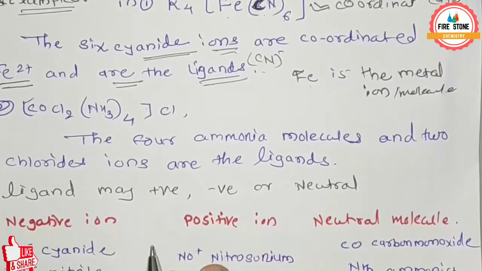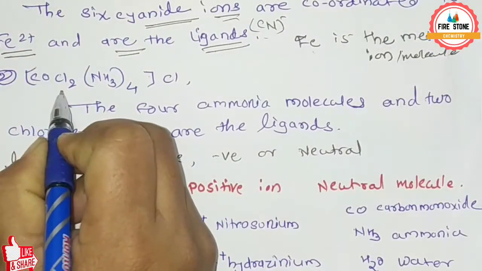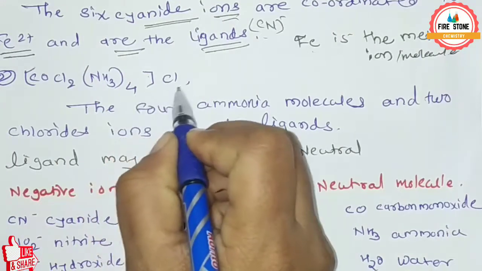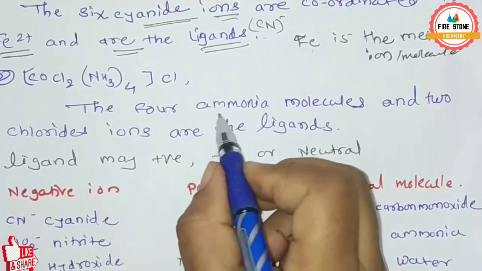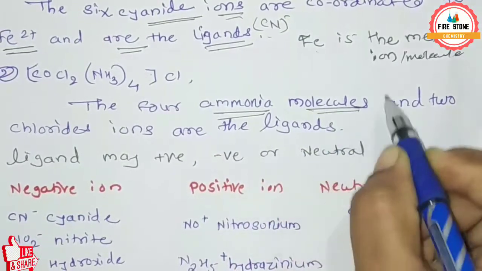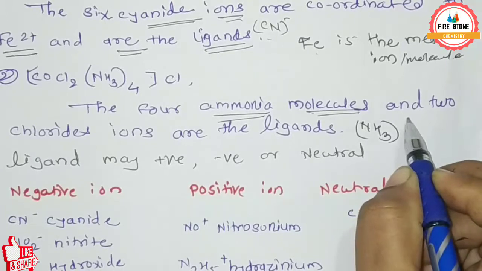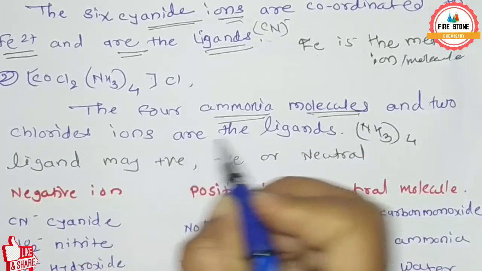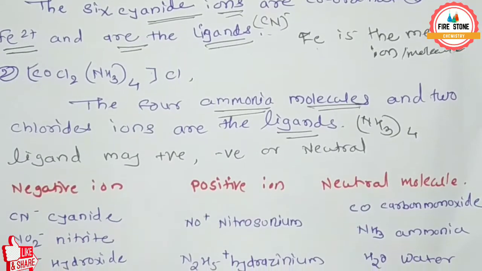Again we see another example, [Co(NH3)4Cl2]Cl. Here the 4 ammonia molecules, that is NH3 four times, and 2 chloride ions are the ligands. Here there are 2 ligands.